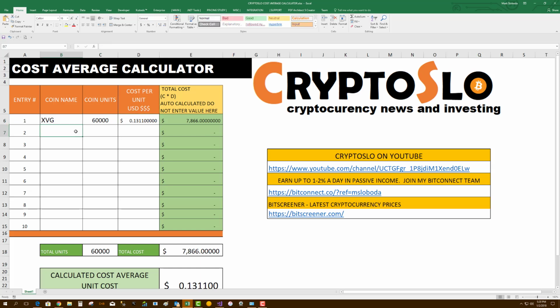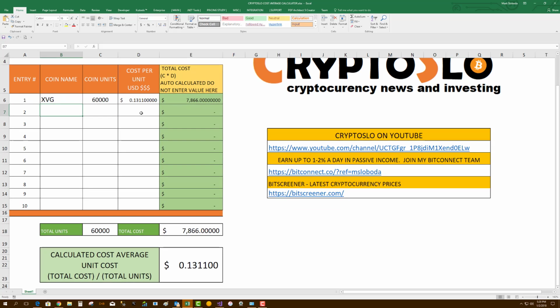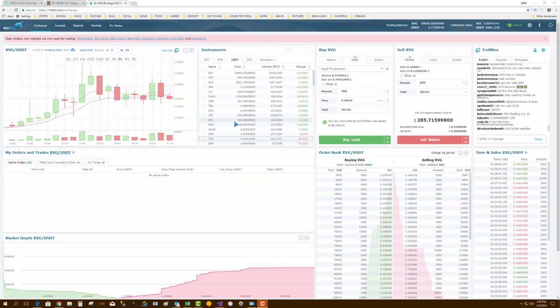So what I'm going to do, because I think Verge is going to surge, I'm going to make another buy of XVG. So I'm going to have a new buy, XVG, don't know how many, and I don't know what the price is yet. Okay, so I'm going to flip back over to HitBTC.